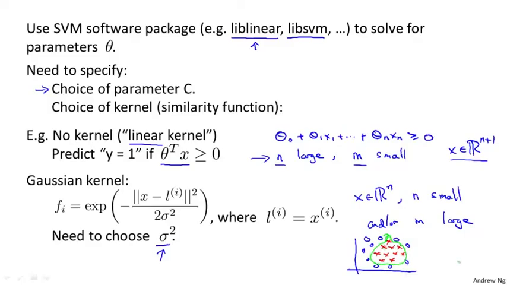I'll say a little bit more towards the end of the video about when you might choose a linear kernel or a Gaussian kernel and so on. But concretely, if you decide to use a Gaussian kernel, then here's what you need to do.